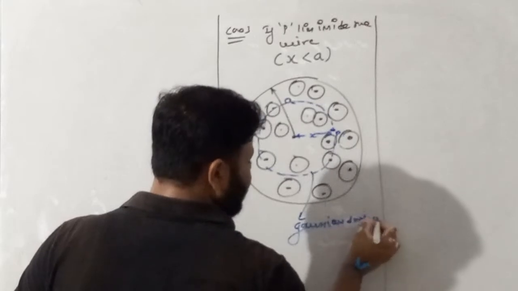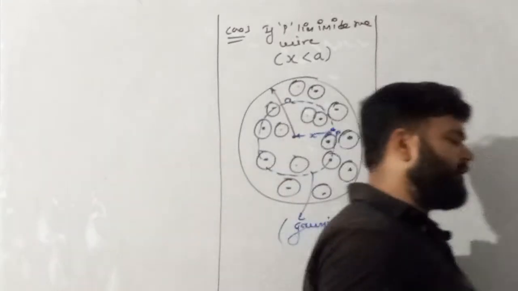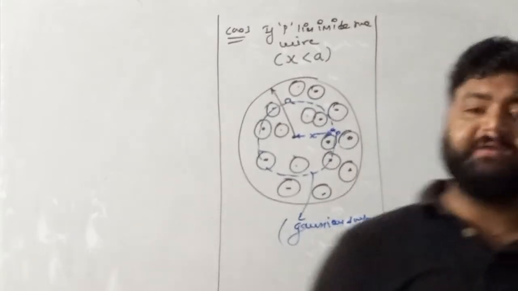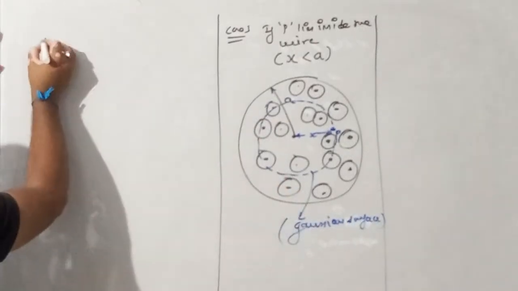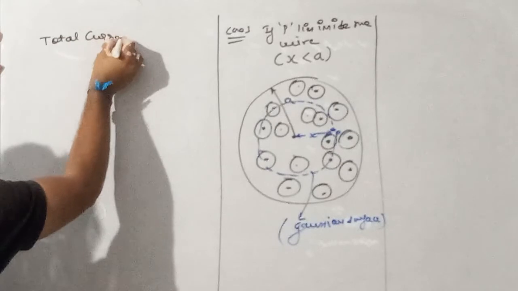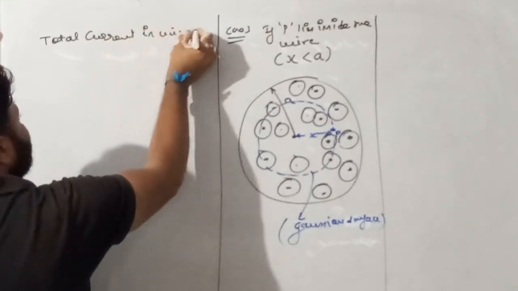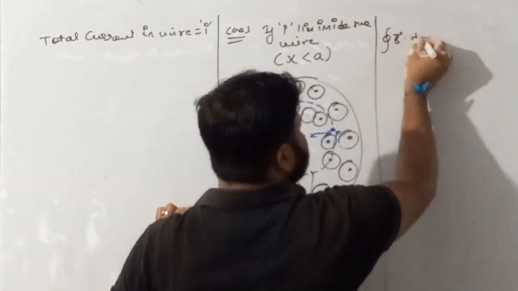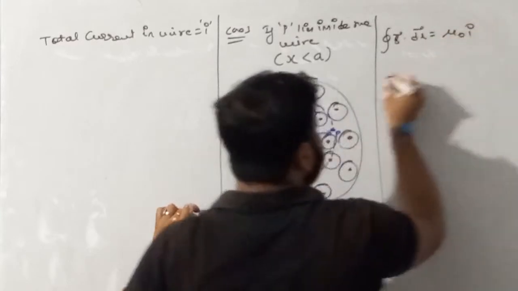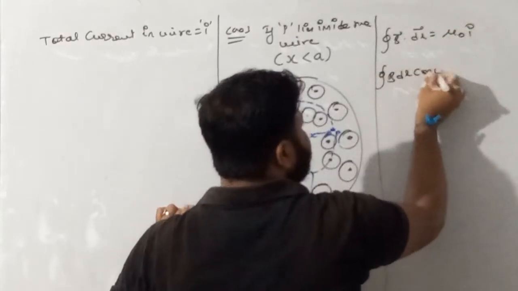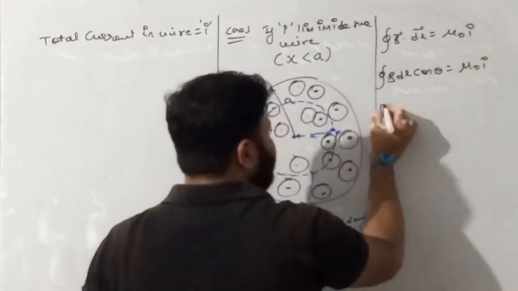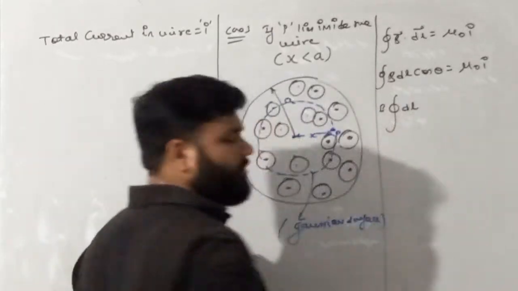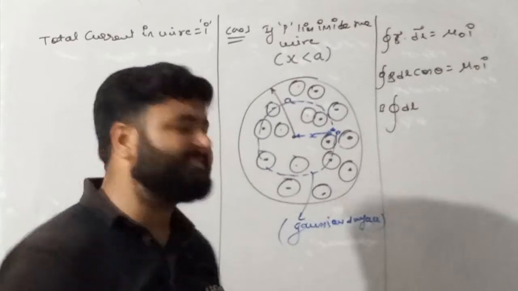As we all know, for the point where we want to find the magnetic field, first of all we have to enclose it with the Gaussian surface. So the total current in this wire is I. The formula is closed integral B vector dot dl vector equals mu naught I. We can write this as B dl cos theta equals mu naught I. B comes outside because the magnetic field is constant, and the angle between the magnetic field and the small length taken on the Gaussian surface is always 0.